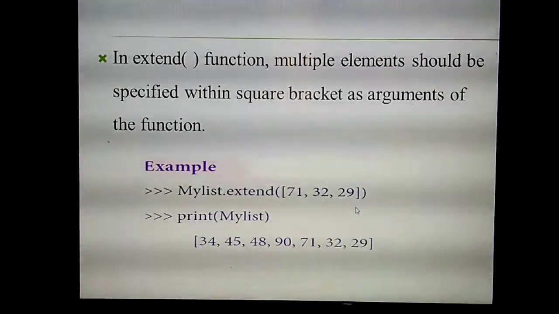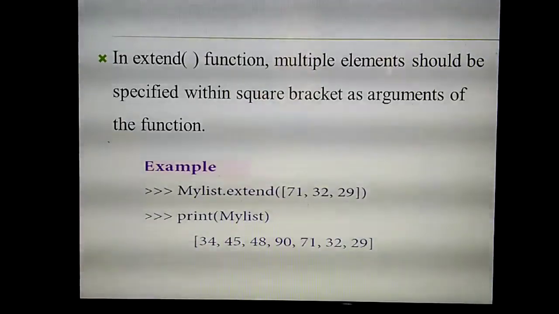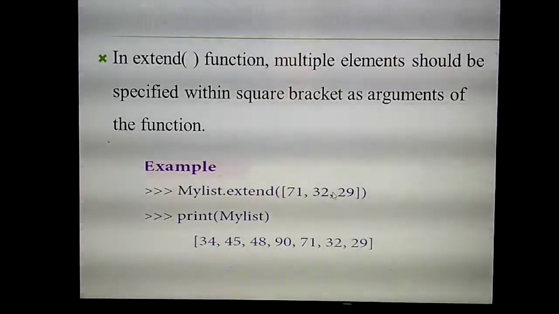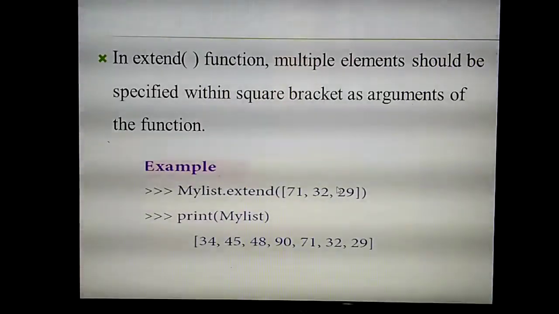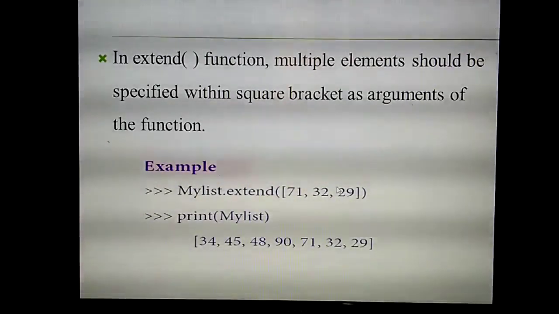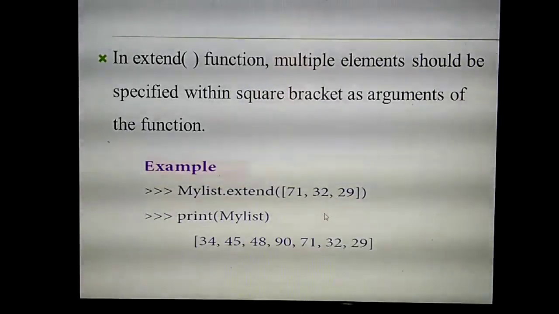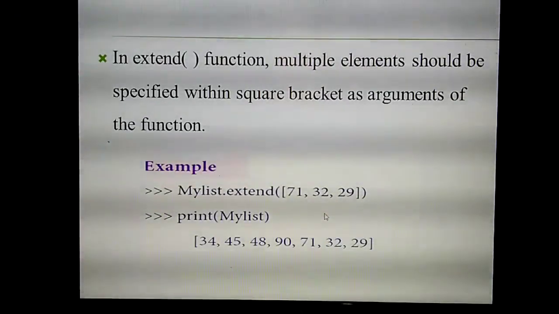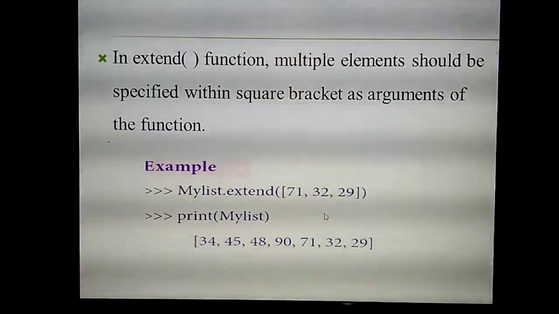Likewise, within this extend function you need to mention the elements within square brackets. That's the argument of the function. What do you mean by arguments? Giving input values. Likewise, however many elements you need to add, you need to mention them inside the square brackets, separated by commas.